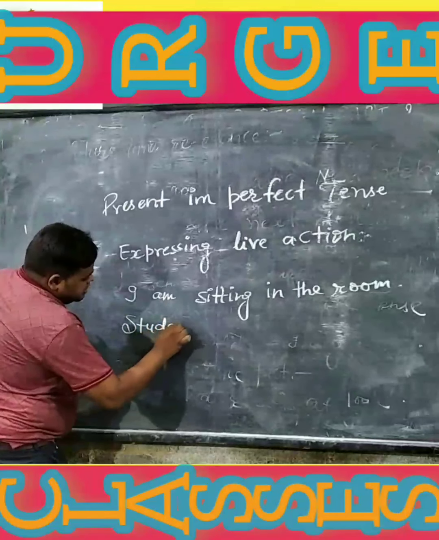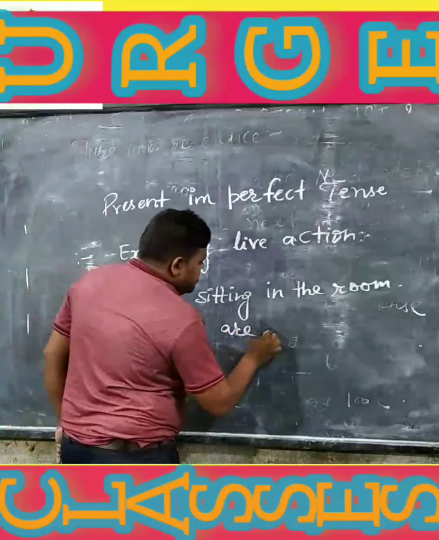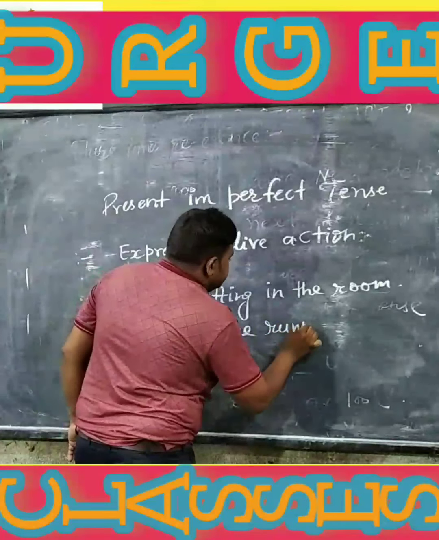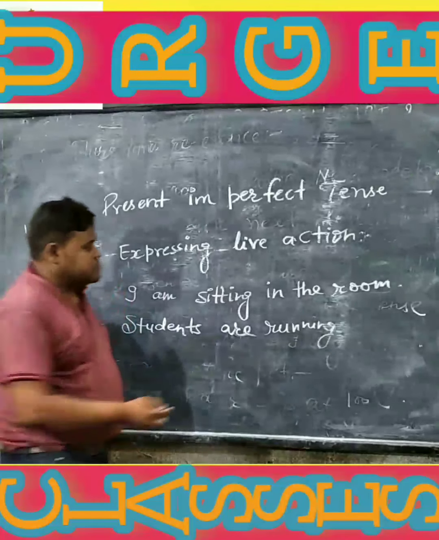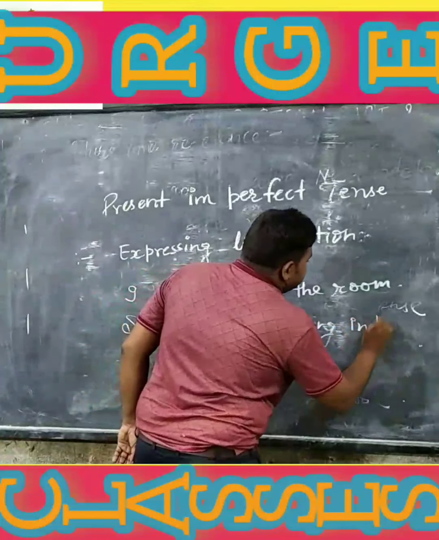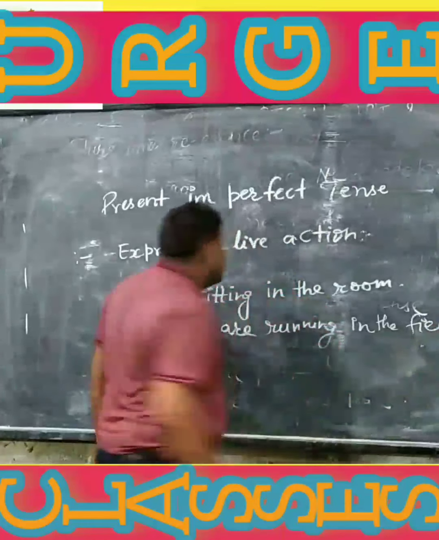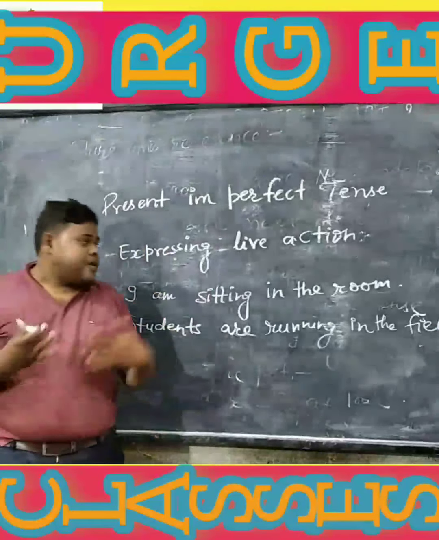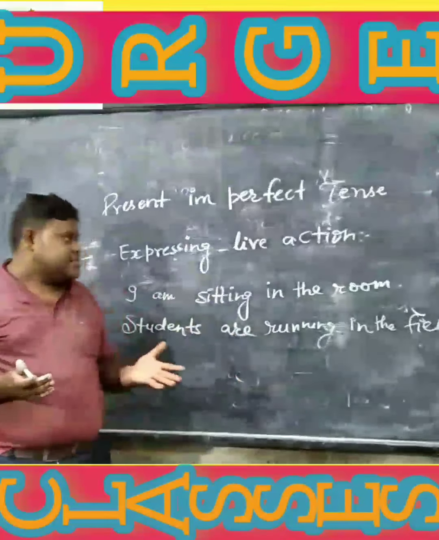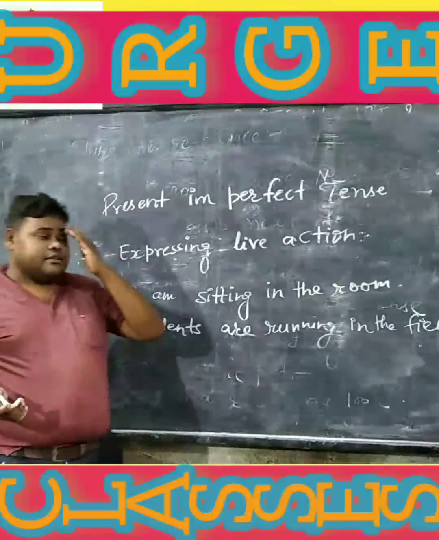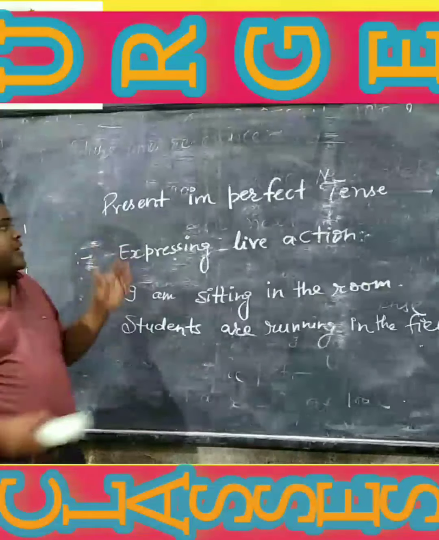Students are running in the field, and so on. In this way we can express present imperfect tense. This is an application of present imperfect tense.